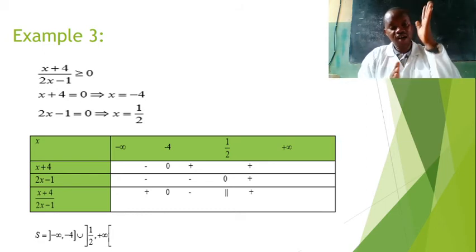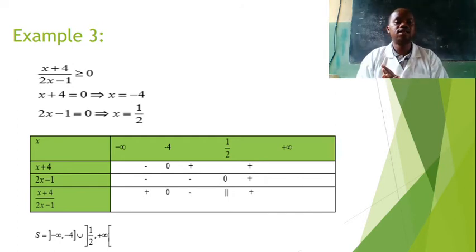But when you have the quotient like this, for example number 3, we have to start by the numerator, and the denominator comes in the row under the numerator. And for the last row, we put their quotient. And now we are going to look at the signs to be put there.